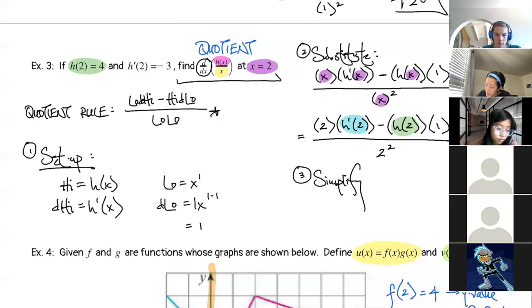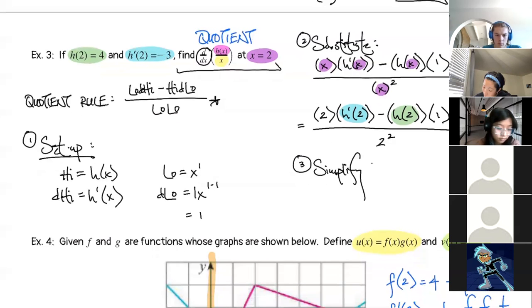What am I going to put instead of h prime of 2? Yes, right? Go back to that problem. Turns out all that stuff we skipped at the beginning came in really helpful to help us conclude the problem.